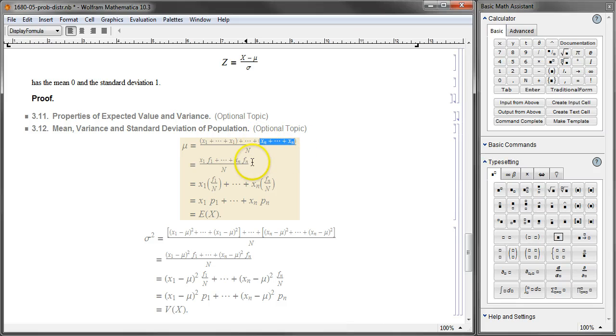And this final parenthesis is xn times frequency fn. Now if I take all those x1, x2 out, we get f1 over N, f2 over N, all the way up to fn over N. And what are these ratios? Those are the probabilities. So what do we get? The mean of the population is the same as the expected value.